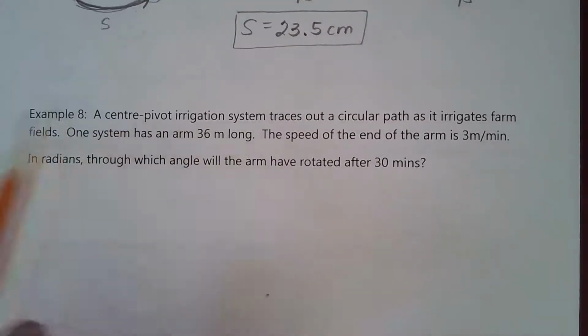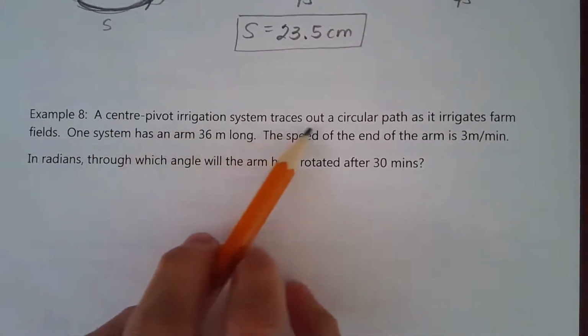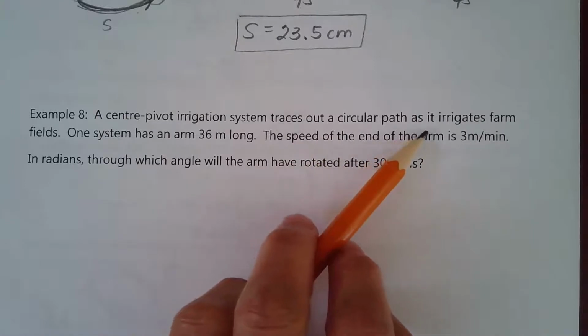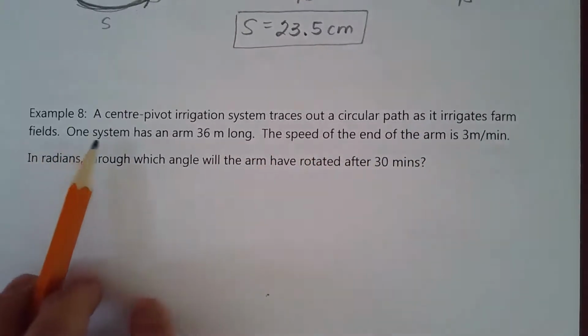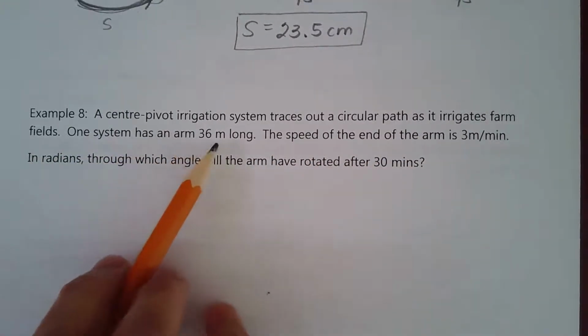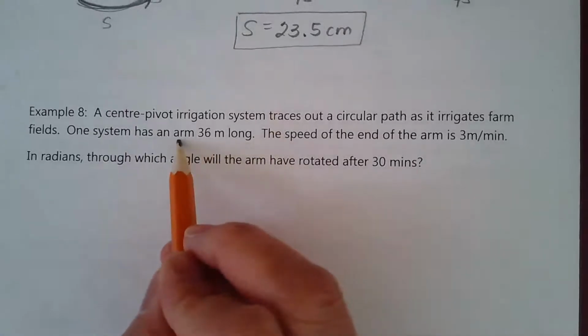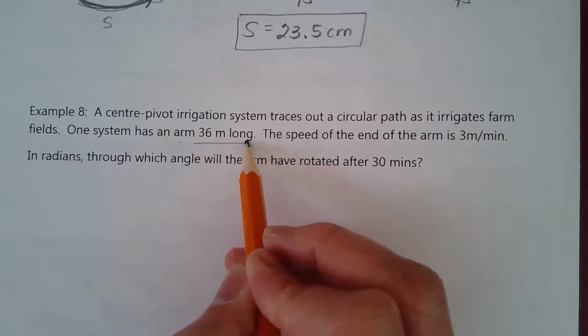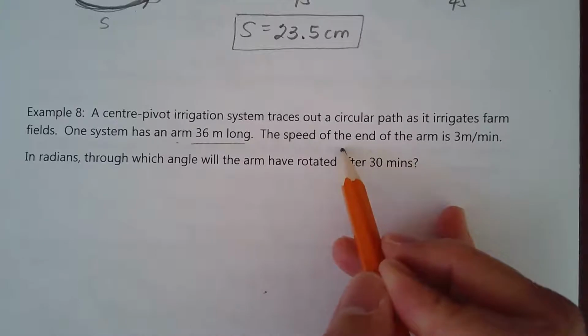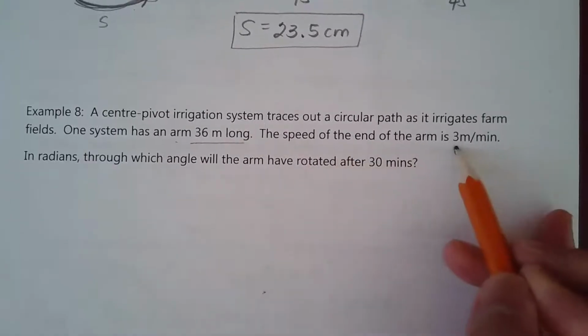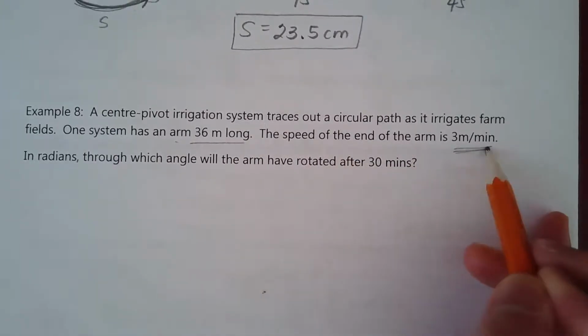So it pivots, tracing out a circular path as it irrigates the farm fields. One system has an arm 36 meters long, and the speed of the end of the arm is 3 meters per minute.